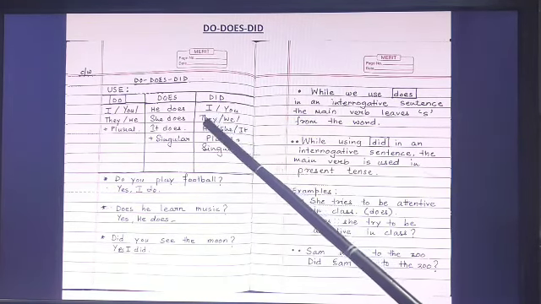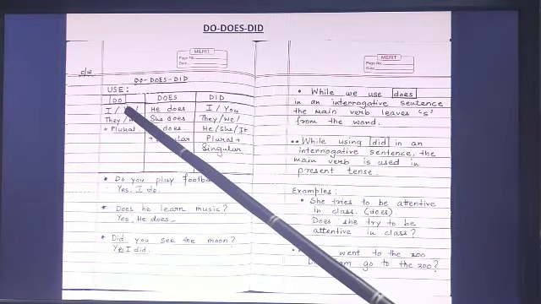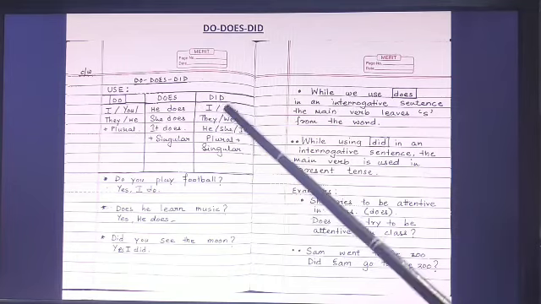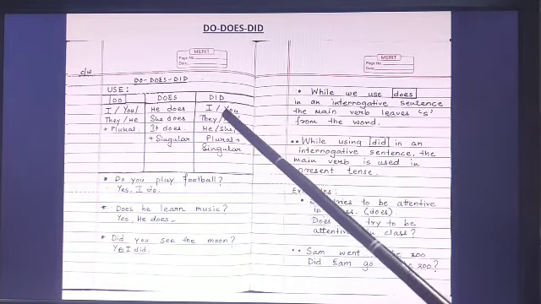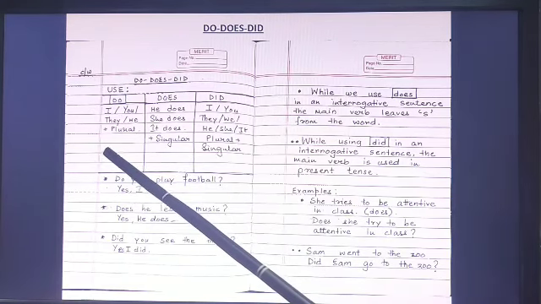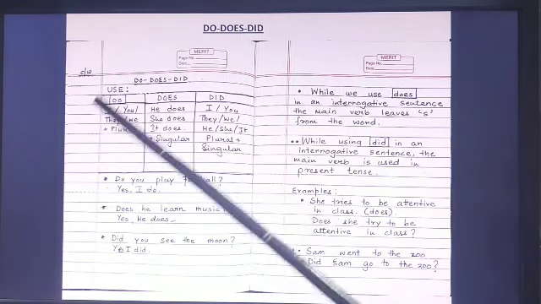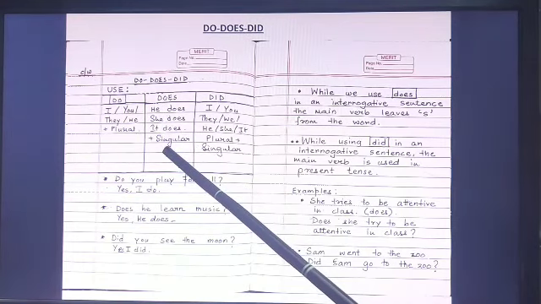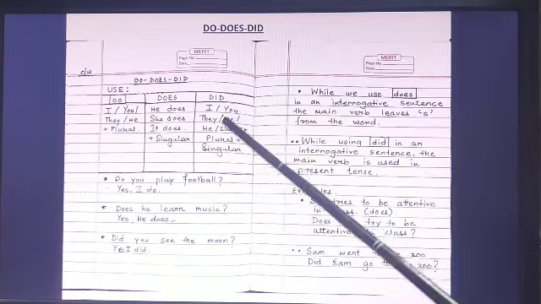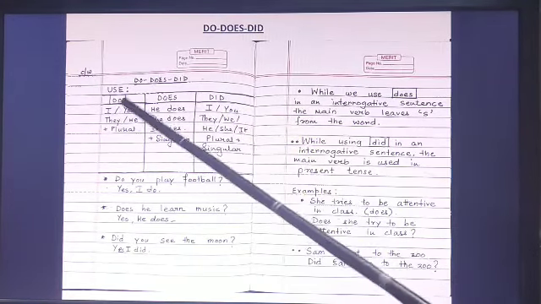We use did with do words and with does words also, like did I, did you, did they, did we, did he, did she, did it, and singular and plural words. Okay. So we use I, you, they, we and plural with do, he, she, it and singular with does, and both together we use with did. Okay. This is the past form and this is the present form.